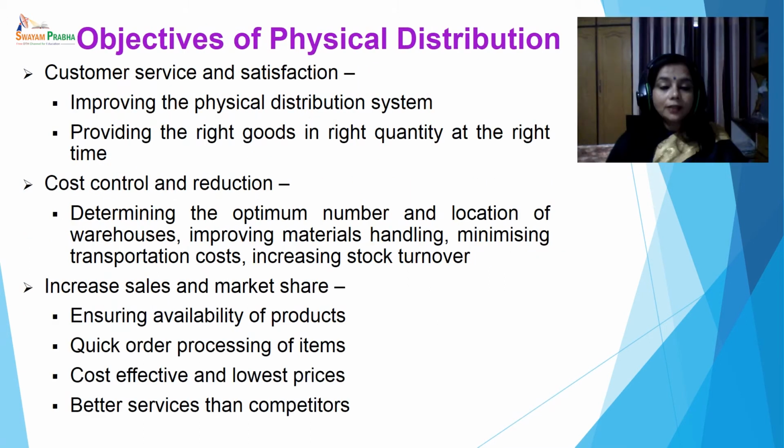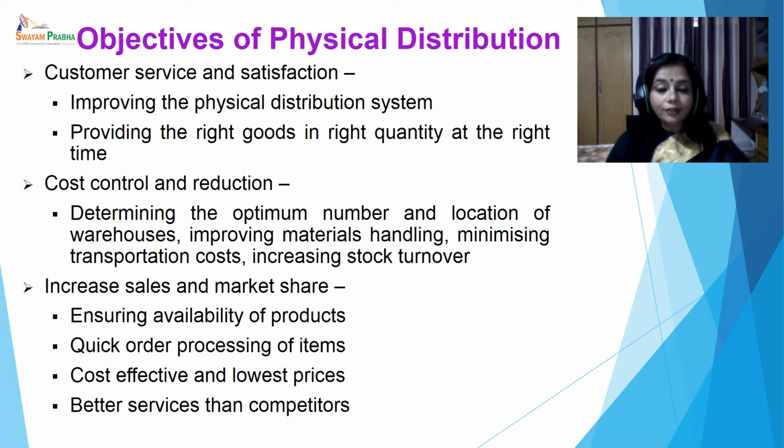Objectives of physical distribution. The most important one is to provide customer service and satisfaction. This can be provided by improving the physical distribution system, providing the right goods in right quantity at the right time. Second is cost control and reduction.